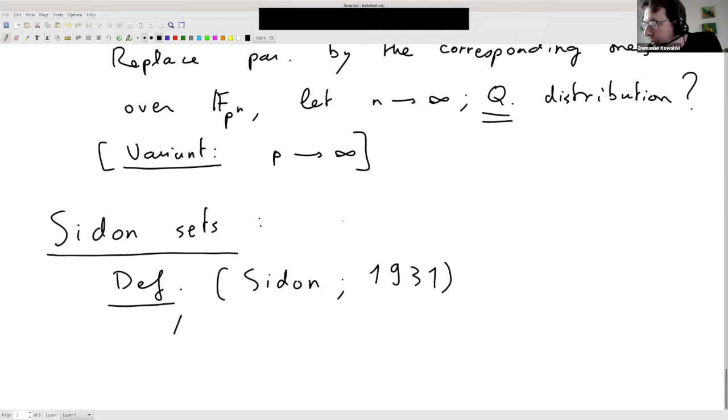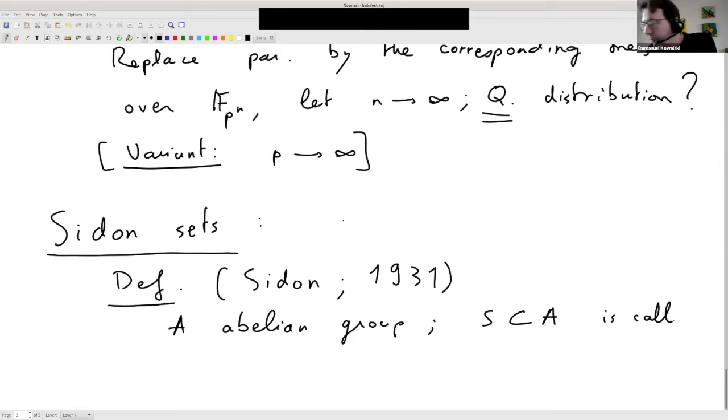So to give a definition which works in any abelian group, because I'm going to be using more general abelian groups than the integers, which would be the case that Sidon considered, you take an abelian group, capital A, which doesn't have to be finite. Most of our cases would be finite, but it doesn't have to be.